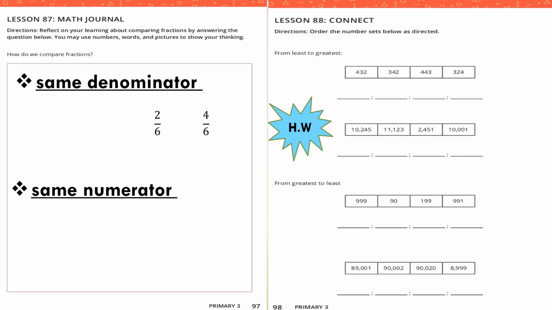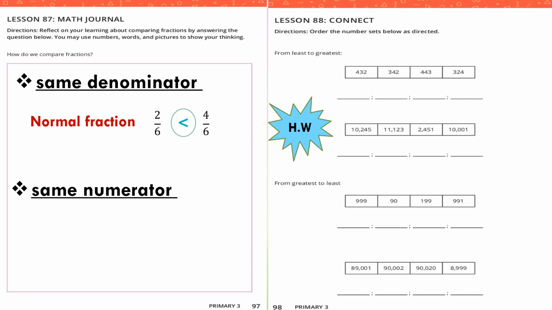It's same denominators, so we will compare the numerators. Which is big in normal, 4 or 2? Yes, 4 over 6 is bigger than 2 over 6. So it's called normal fraction.